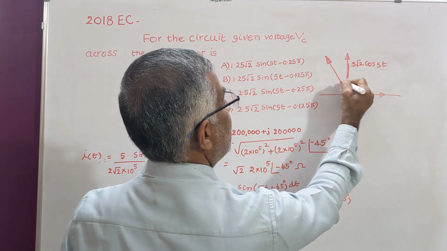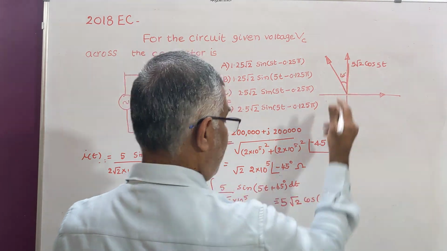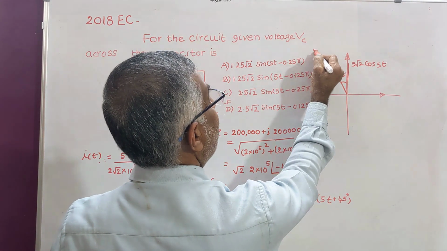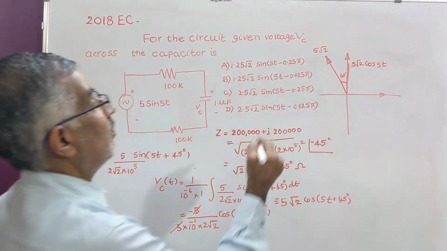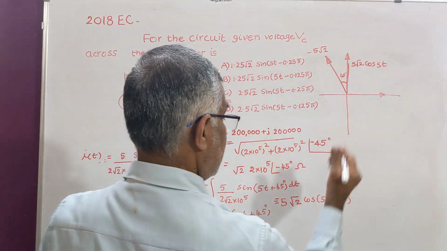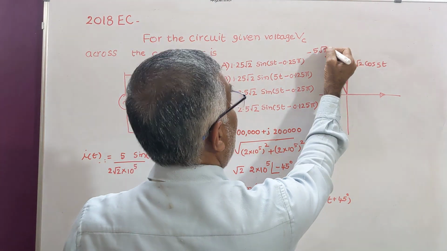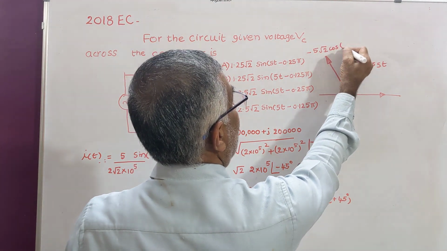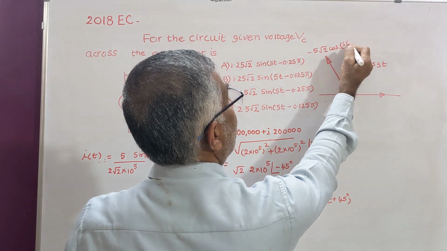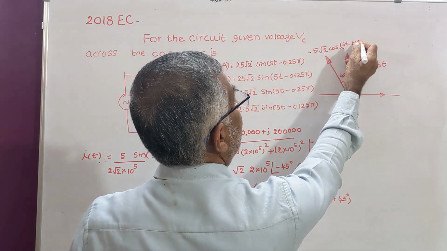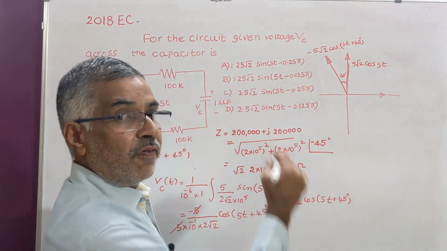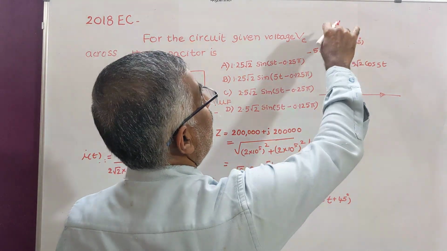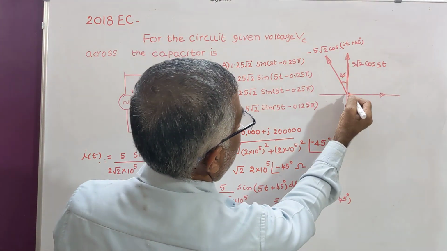Therefore, this is 45 degrees, and this phasor is 5 root 2 minus cos 5t plus 45 degrees. Now there is a minus sign. So how to get 5 root 2 cos 5t plus 45? Opposite.